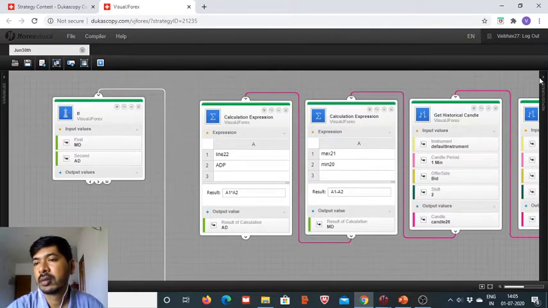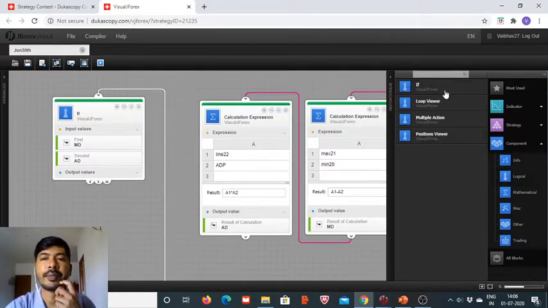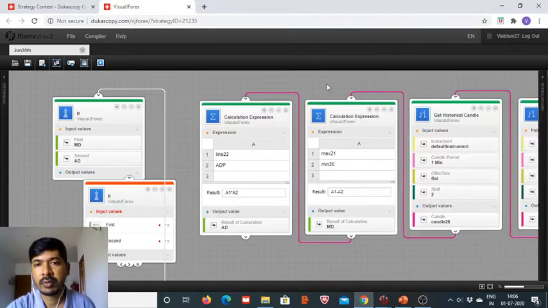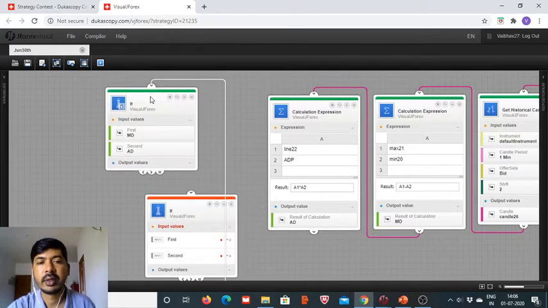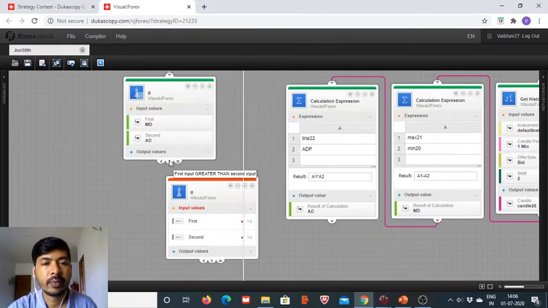Okay, so what we have to do is get another block, and we join the flow. Okay, so here it is. First input greater than second input.